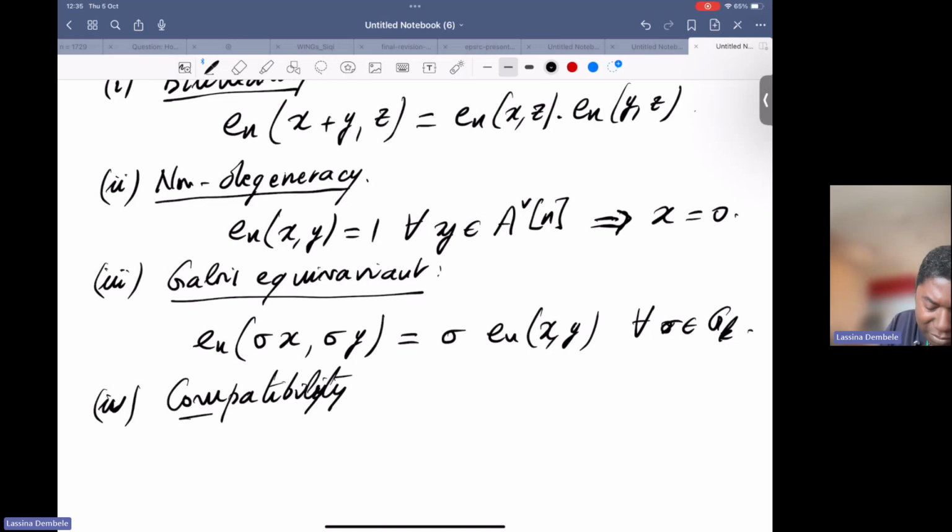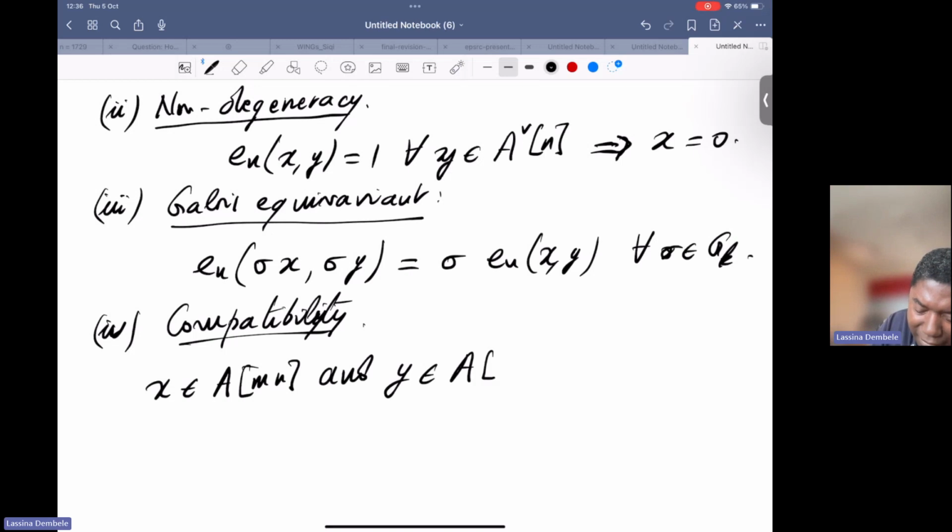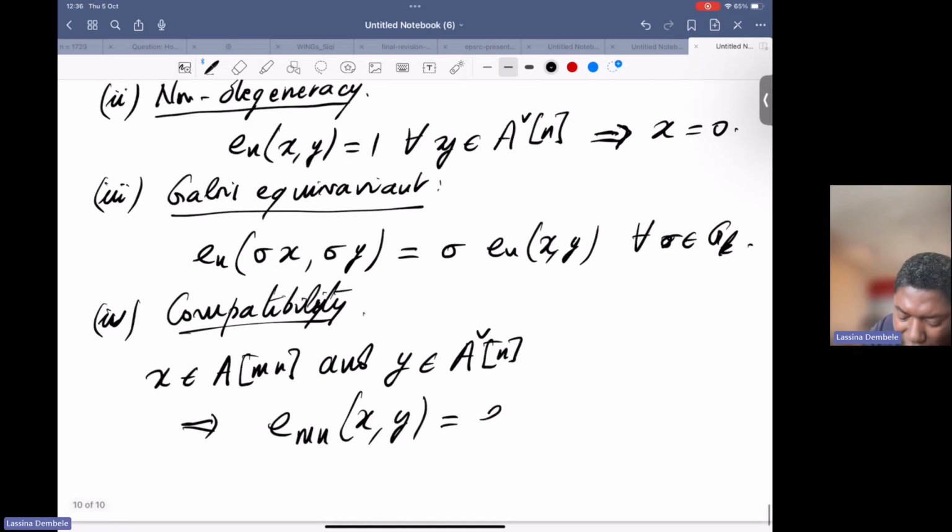If you take x in A[mn] and you take y in A dual [n], then you can compute e_mn(x, y) by taking e_n(mx, y).